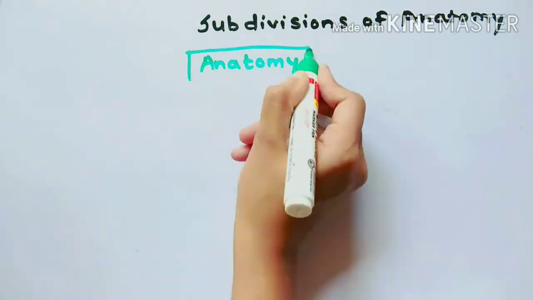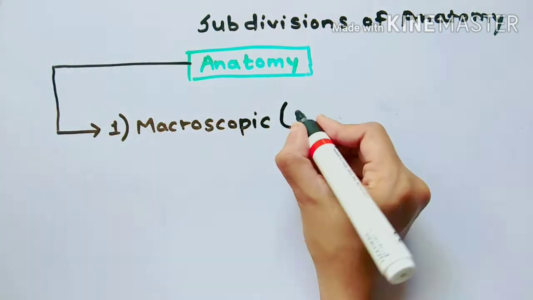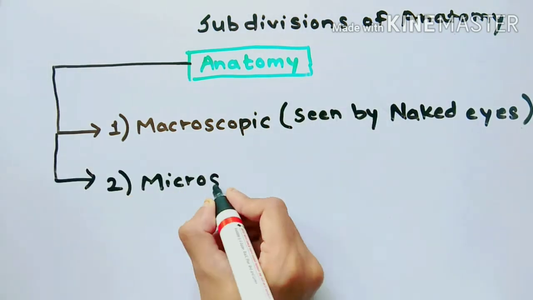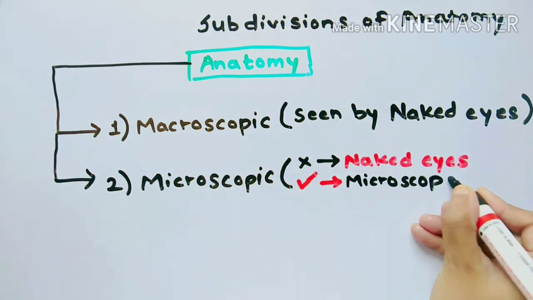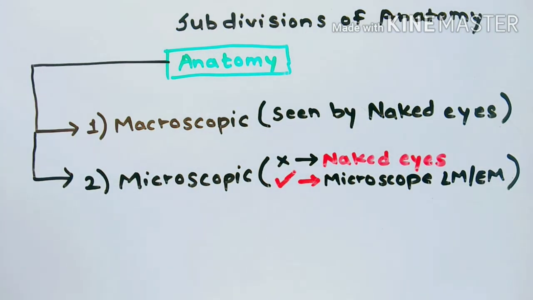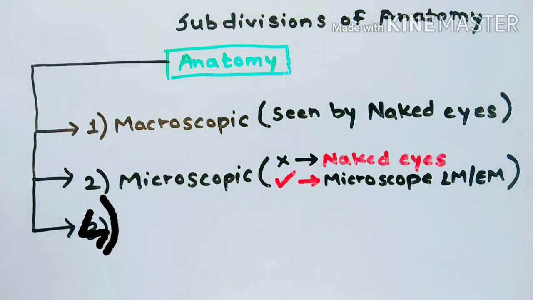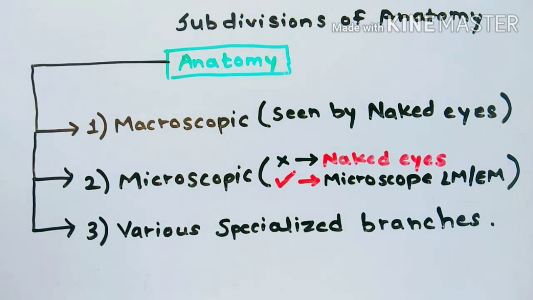Broadly, anatomy can be subdivided into macroscopic anatomy, meaning structures can be seen by naked eyes. Second is microscopic anatomy. Structures cannot be seen by naked eyes. We need specialized instruments like a microscope to see them. The third is developmental anatomy. And the fourth is specialized branches of anatomy.